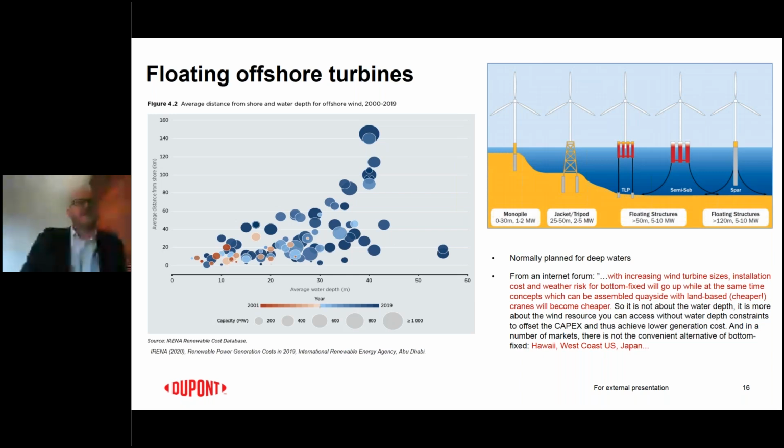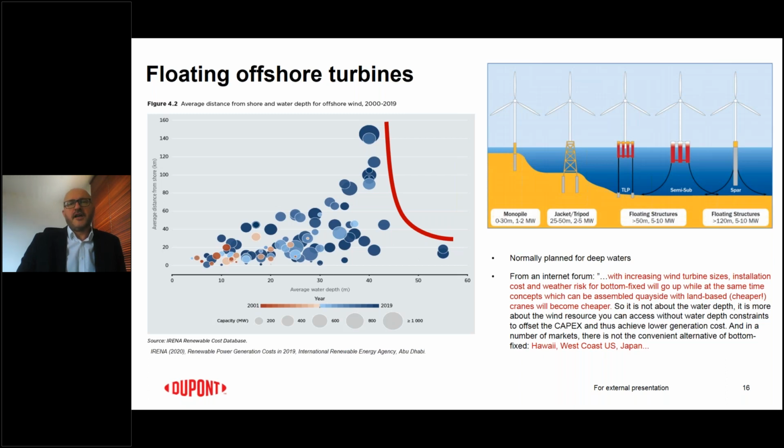And you can see here that many wind farms with the growing size may go far from the shore. The distance exceeds 140 kilometers, but the depth is rather below 50 meters. If there are some wind farms which are installed in deeper water, they are relatively close to the shore, less than 20 kilometers. So there is kind of a borderline which could identify the today feasibility of installing the turbines offshore.